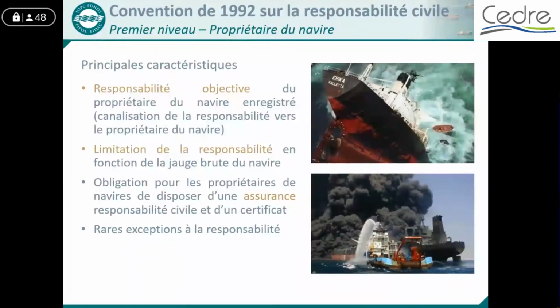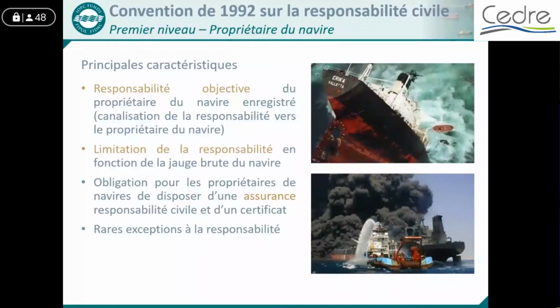So as concerns these two conventions, these are the two main features. First of all, the objective, strict liability of the ship owner. The idea is that when there is an accident, when it occurs, the liability falls to the ship owner.